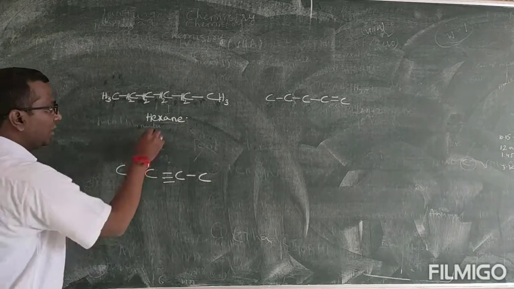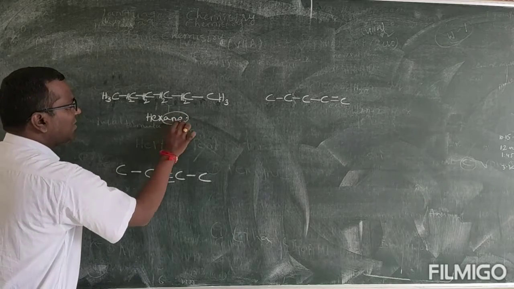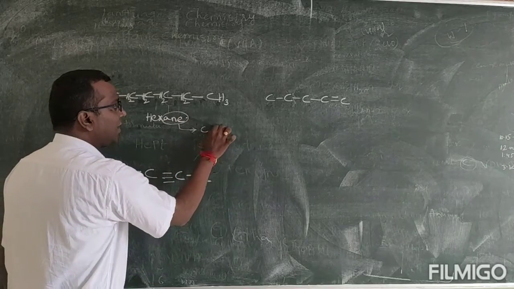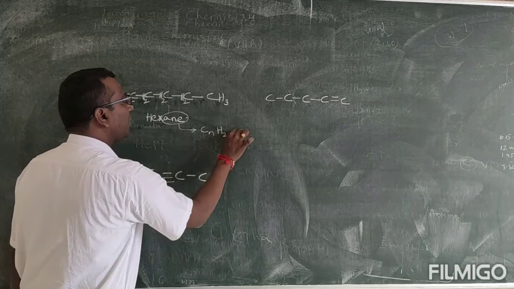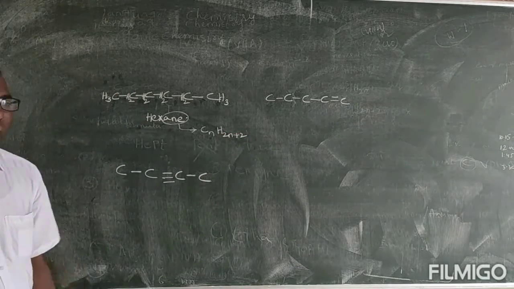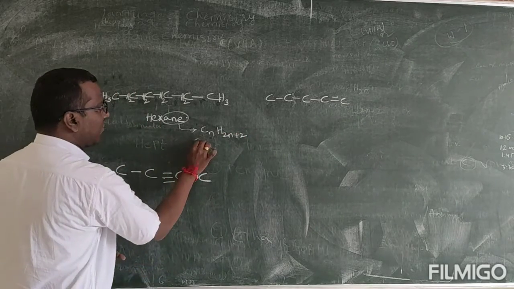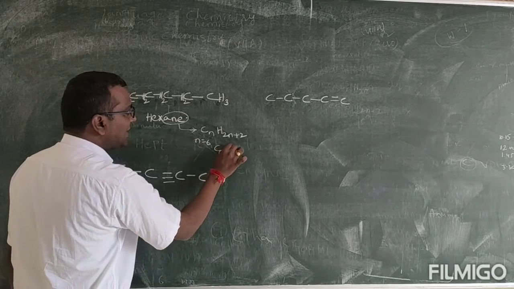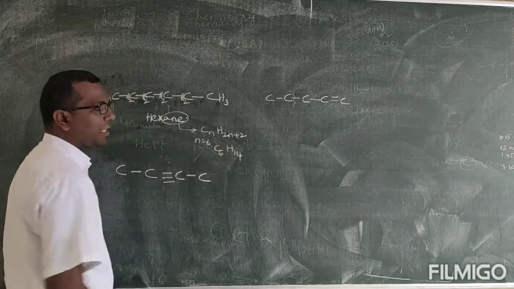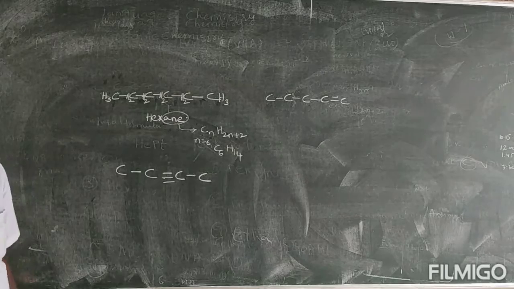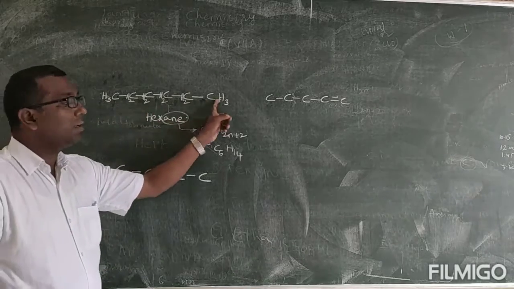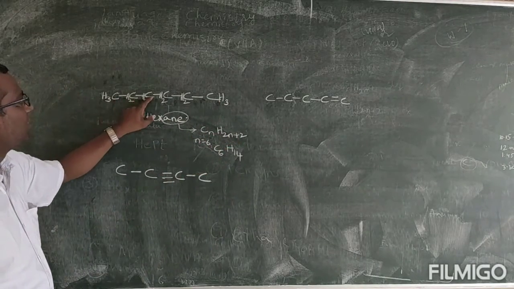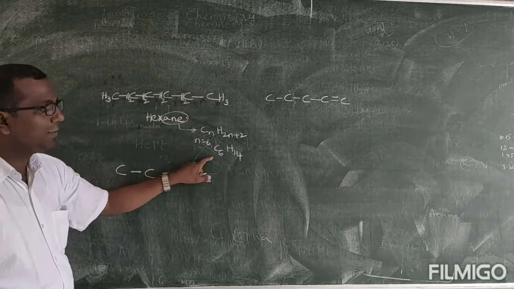Cross check it. What is the general formula we have? CnH2n+2. Hex means n equals 6. So it will be C6H14. Is it alright? Now you count here. How many carbons are there? 1, 2, 3, 4, 5, 6.